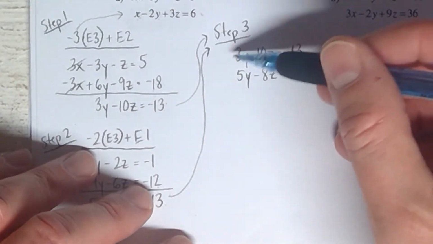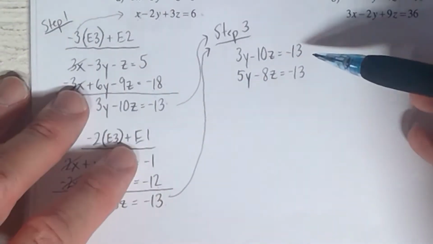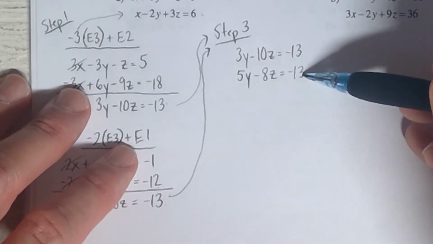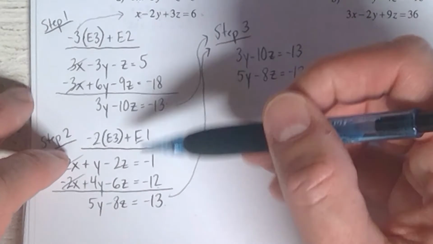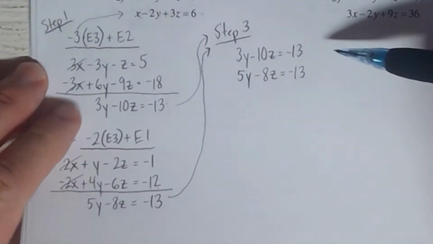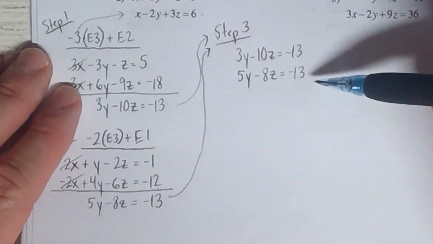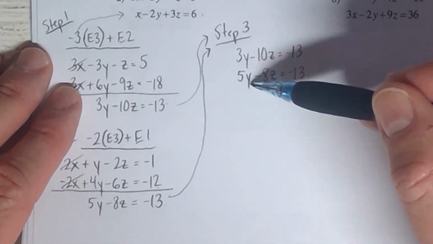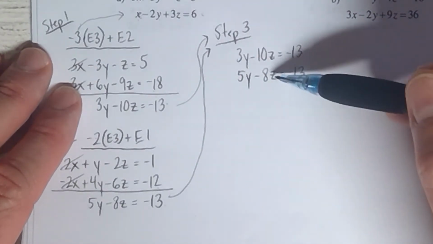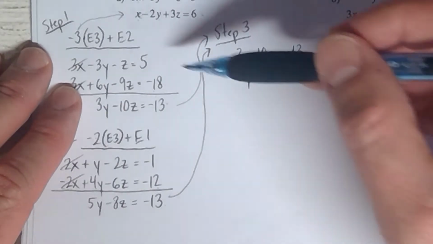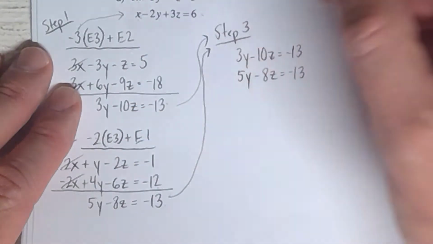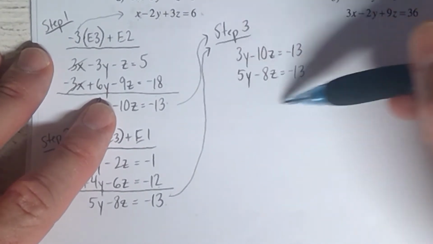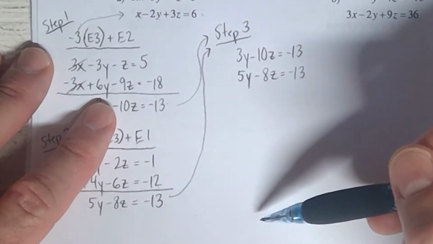And again, because we can use the 3.1 methods to do this, you could do either substitution or elimination on this step. On the first two steps, you want to do elimination for sure. Here you could do either substitution or elimination in order to solve this. But it's very important that you solve for both y and z first before you go on and do anything with any of the other equations outside of this. In other words, when you solve this, you're only supposed to deal with equations in here.